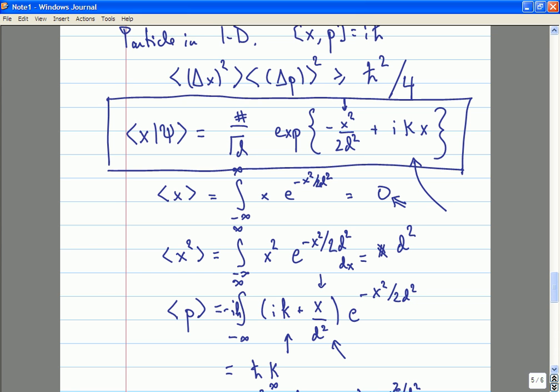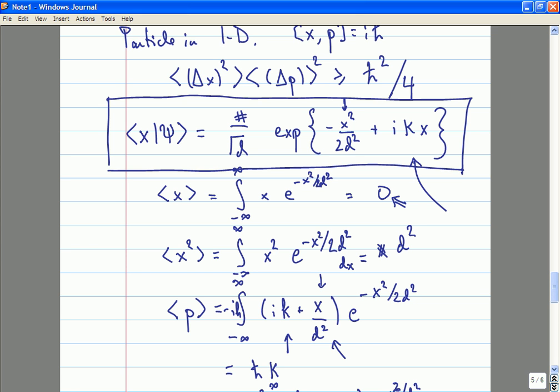And in fact, it's a true statement, one that I won't prove to you now, but I might prove to you later, that this set of states where you have Gaussians centered around all of the points on the line, dressed by this e to the ikx, is the most general form for a minimum uncertainty state in one dimension.